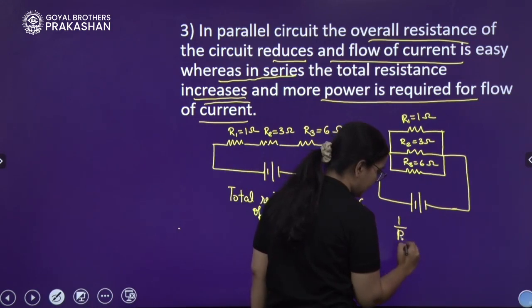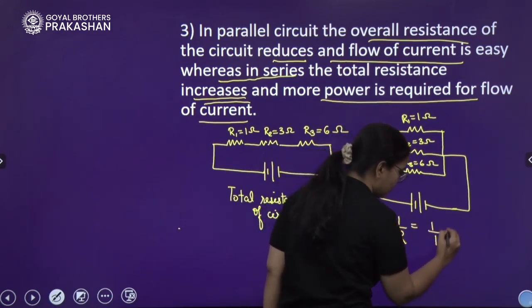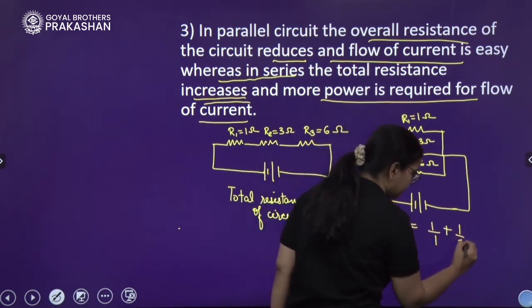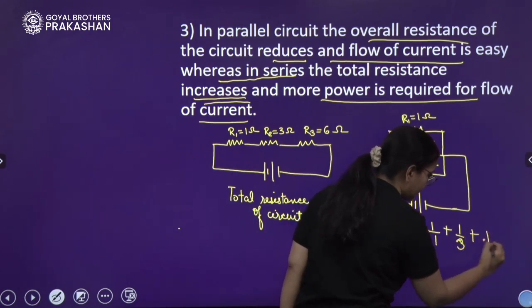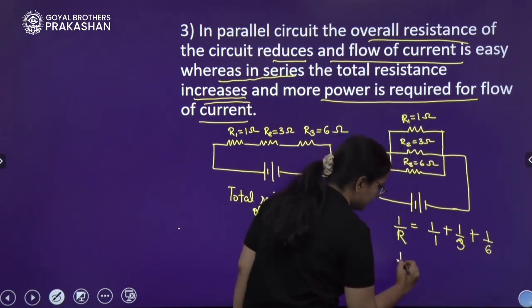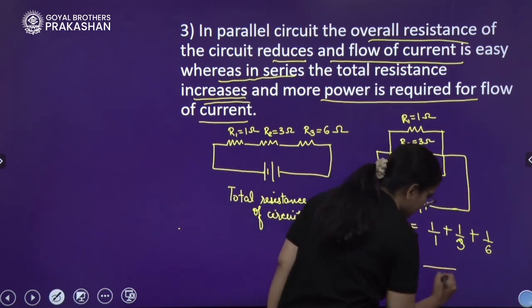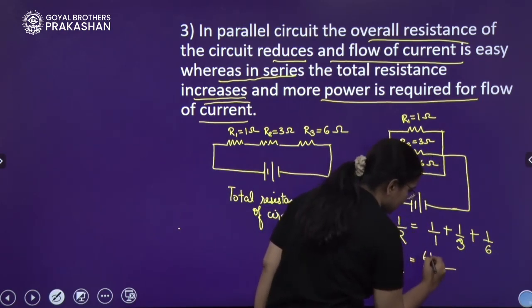It will be 1 by R equals 1 by 1 ohm plus 1 by 3 plus 1 by 6. LCM is 6. So you have 6 plus 2 plus 1.